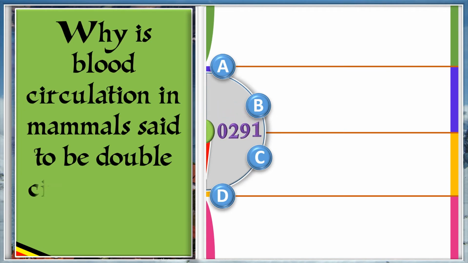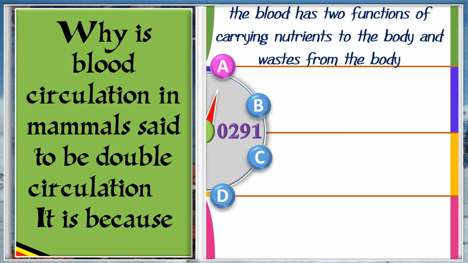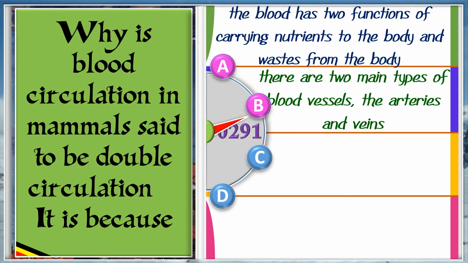Why is the blood circulation in mammals said to be double circulation? It is because A. The blood has two functions of carrying nutrients to the body and wastes from the body. B. There are two main types of blood vessels, the arteries and veins.